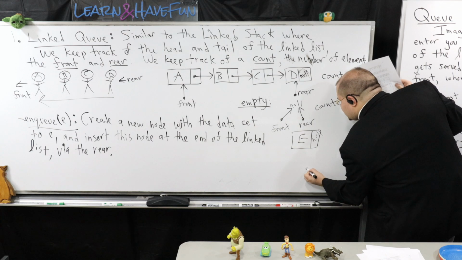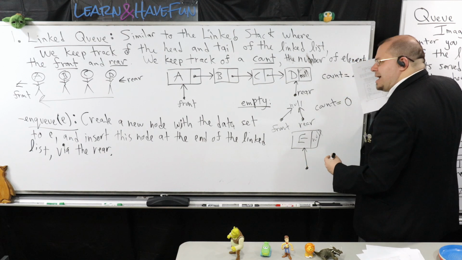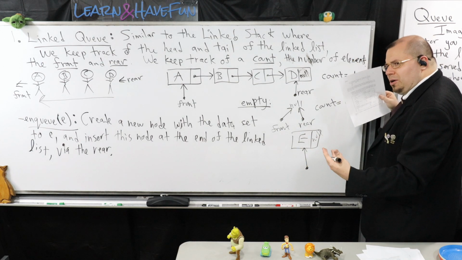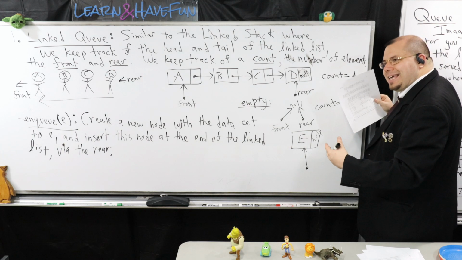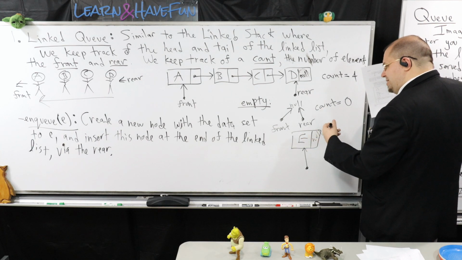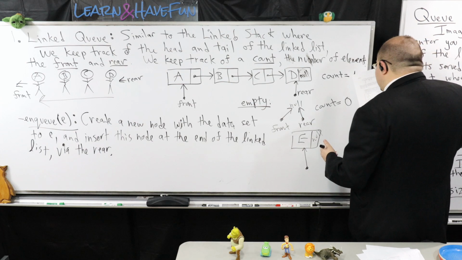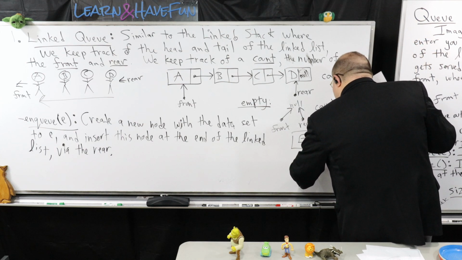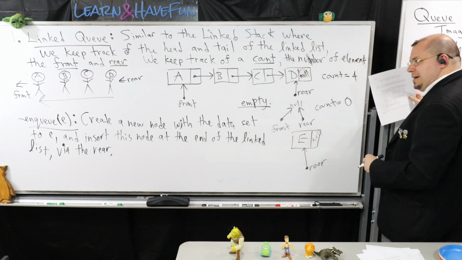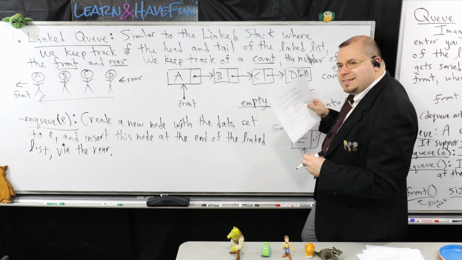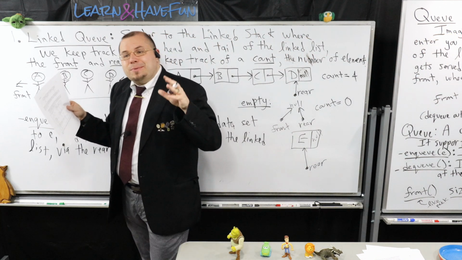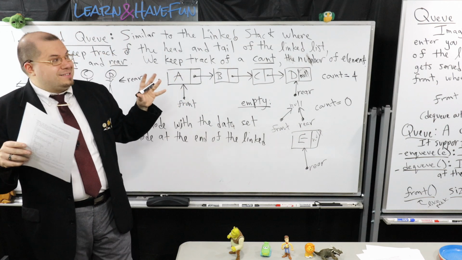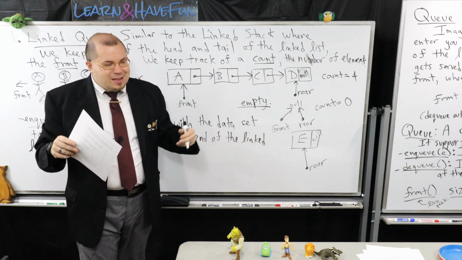If I just use the rear attribute and say, hey, look, the rear is null, so I'm just going to make this node the rear, I would update rear to be pointing at this, right? And since I don't have any preceding node, keep in mind rear is not a node at this stage. It's just pointing at null.